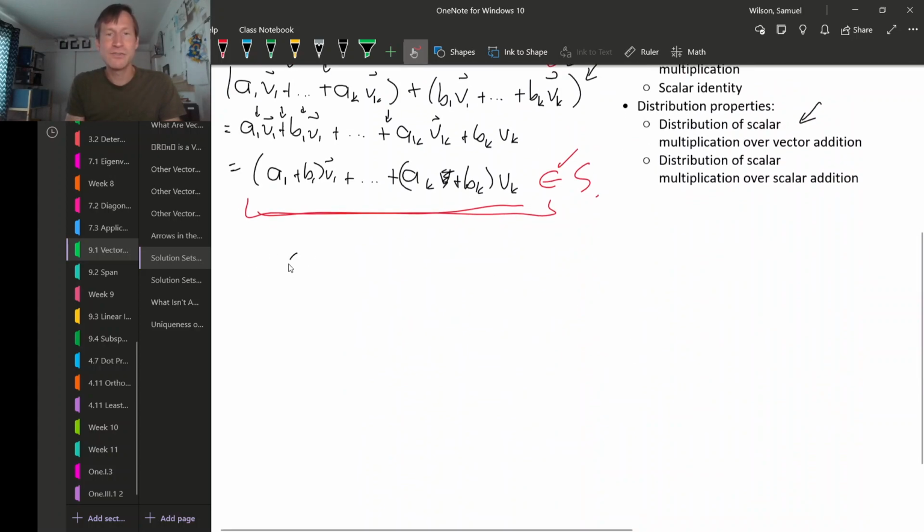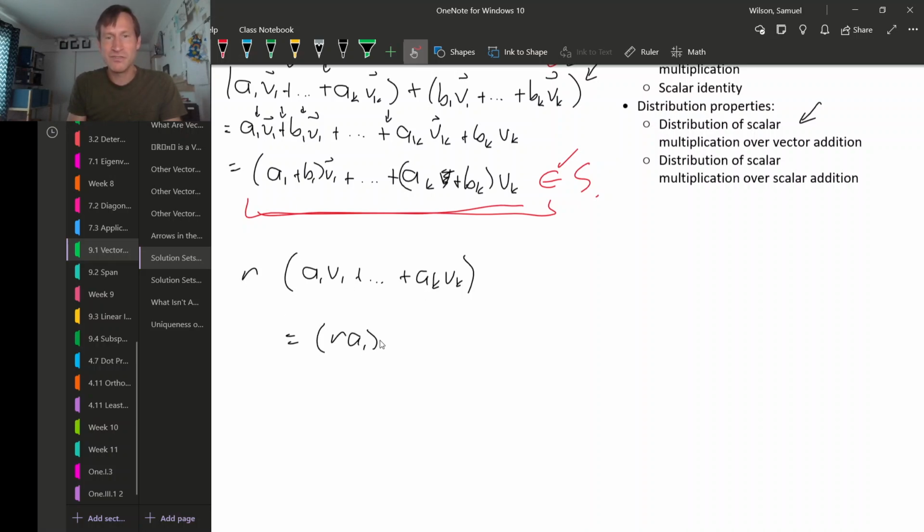So if we have a solution, a1 v1 up through ak vk, and we multiply it by a scalar r, is the result a solution to this homogeneous system? Well, distribute, we get r a1 v1 plus dot, dot, dot, down to r ak vk. So I've distributed and used the associativity of scalar multiplication.